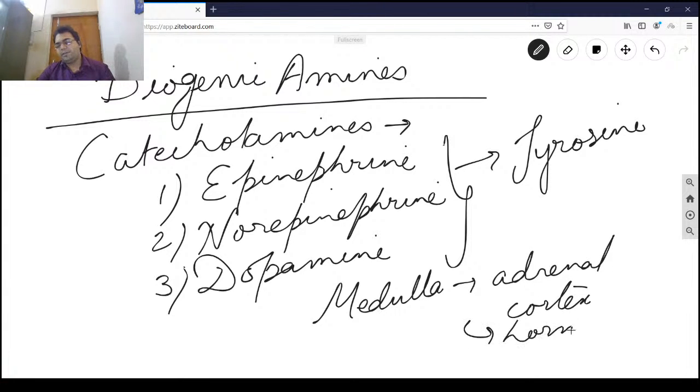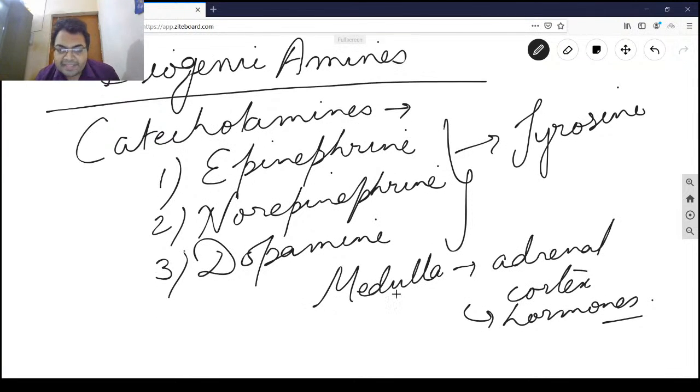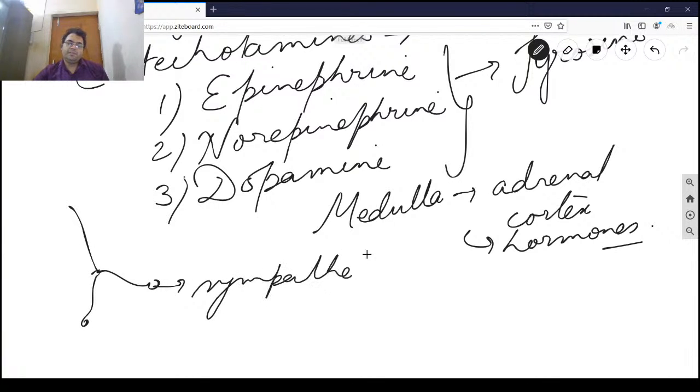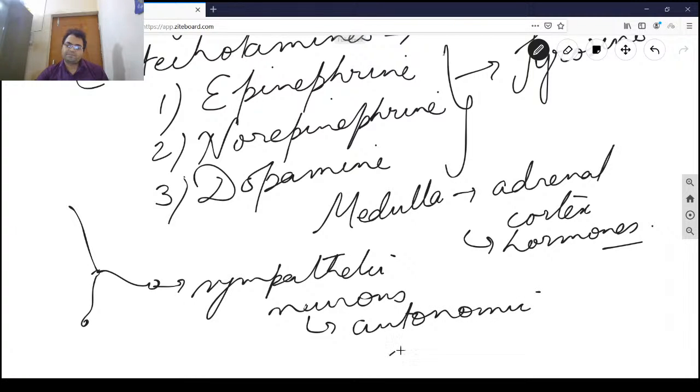Therefore, they act as hormones, but they are also secreted by the synaptic end bulbs of the sympathetic neurons. The sympathetic neurons form the sympathetic division of the autonomic nervous system.